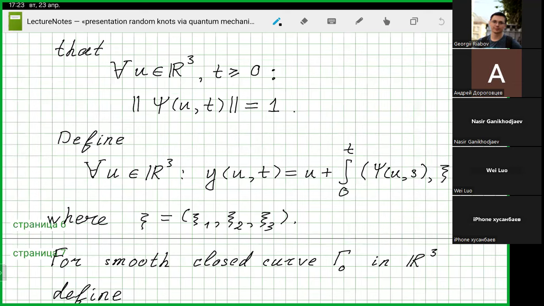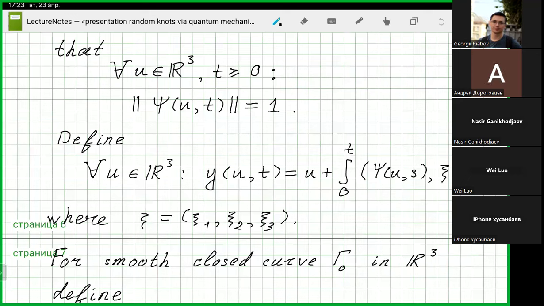Now define the process Y(u,t) as u plus the integral from 0 to t of psi(u,s) dW(s). Here you recognize exactly the same expression which was considered before when we discussed the equation with interaction and Gaussian measure with independent increments, W capital.